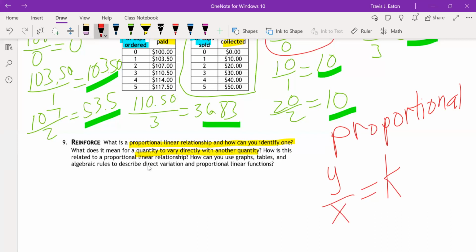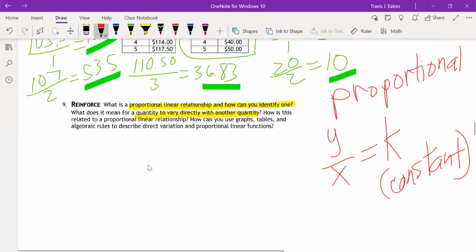So y divided by x will give us a constant, the same quotient every time, the constant of proportionality, heretofore always to be known as the COP, constant of proportionality. So when you divide y by x, you'll get that constant.